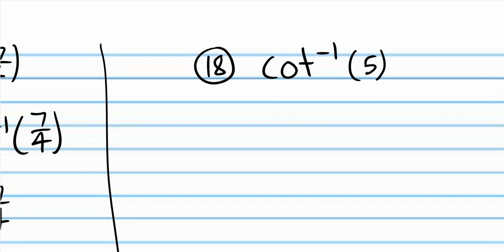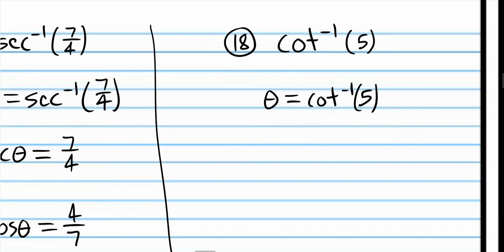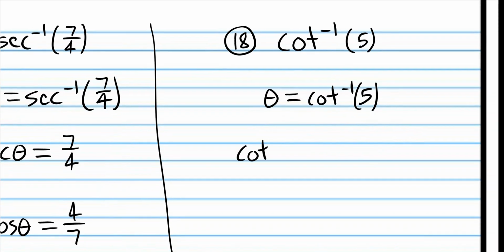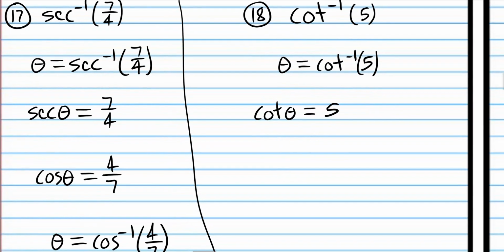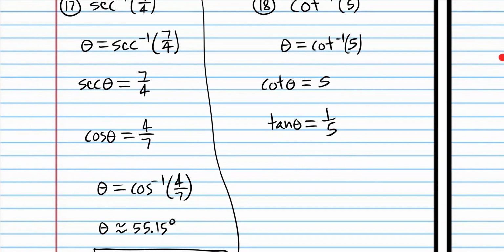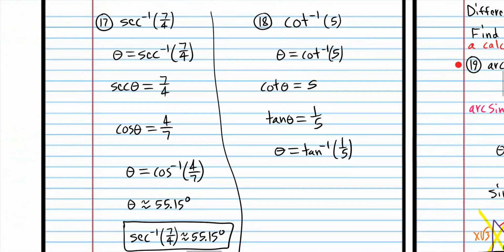Alright, we're back. So I'm going to set that equal to theta, as usual. And by definition, if that's true, then cotangent theta must be equal to 5. And if that's true, then tangent theta must be equal to 1/5. And therefore we can use our calculators because we have a tangent inverse button, whereas we didn't have a cotangent inverse button.